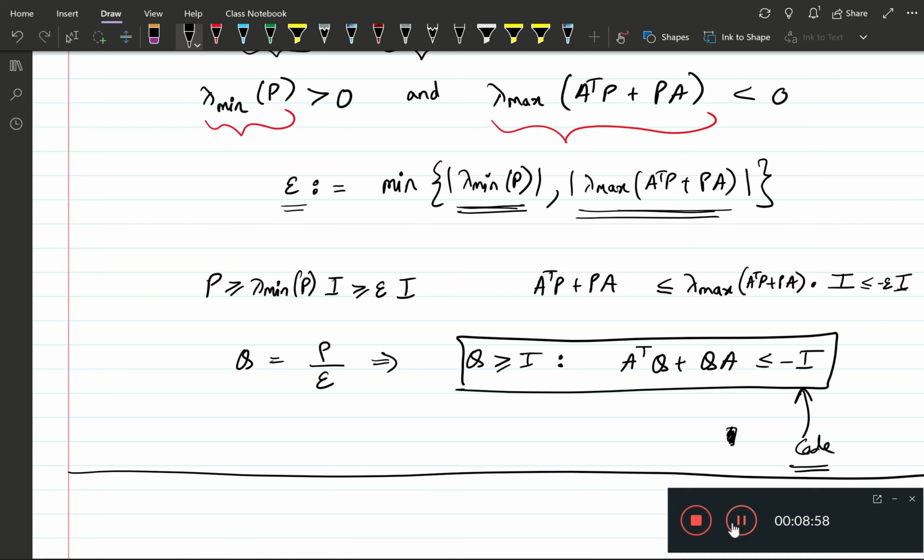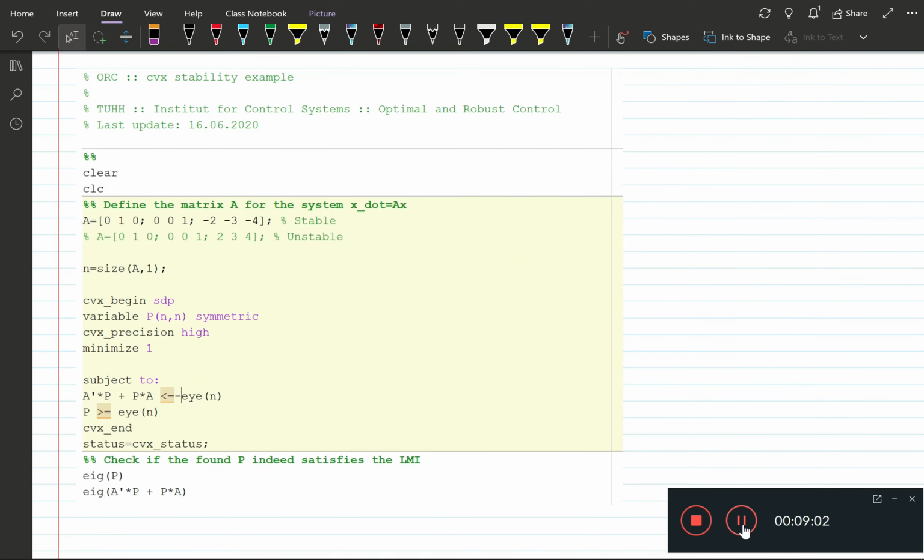So let's have a look at the MATLAB code now. I will bring it here. So that's the code.